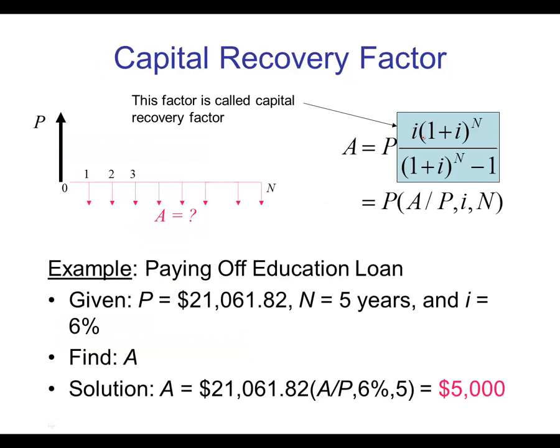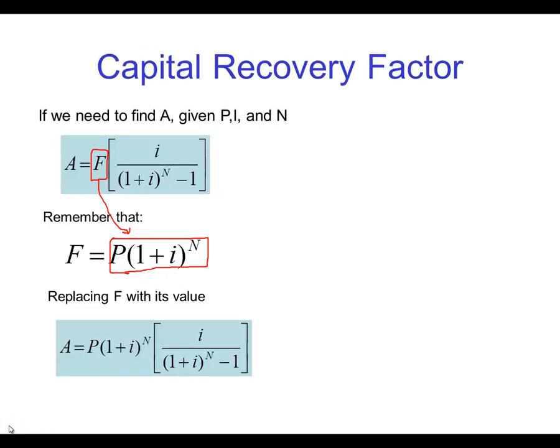If we do that, then I can get the (1 + i)^n inside. I can distribute this value and multiply it inside.